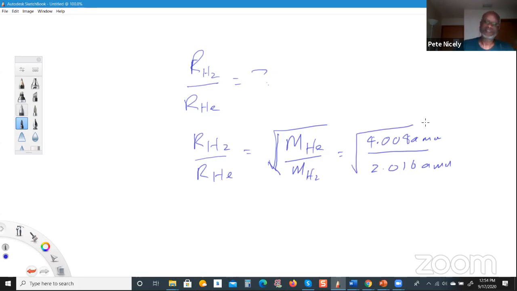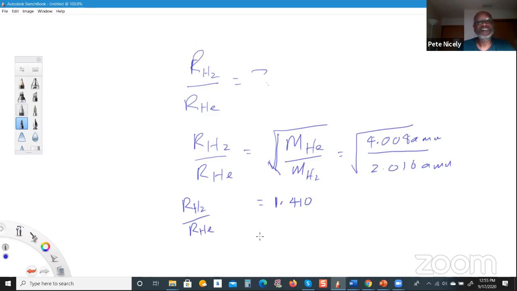So on my calculator, 4.008 divided by 2.016, then the square root. Rounded off to 4 sig figs, this is equal to 1.410. So that is the ratio of the rate of effusion of H2 over the rate of effusion of He.